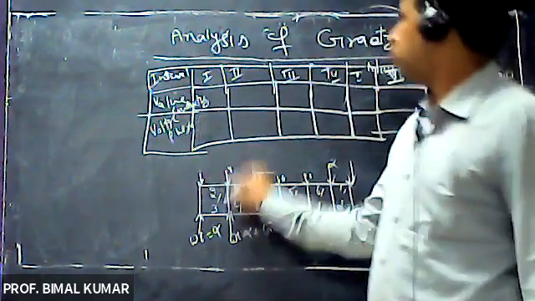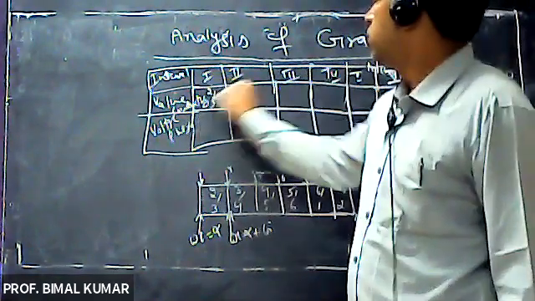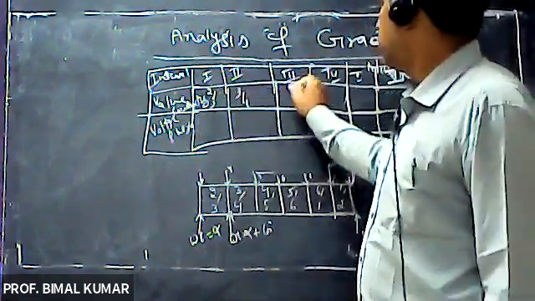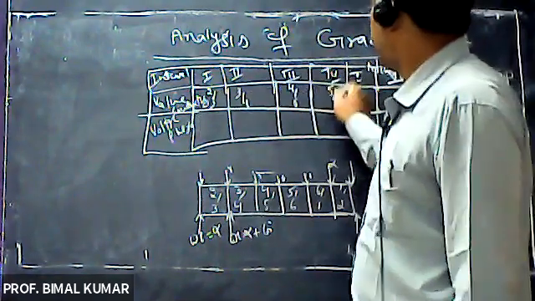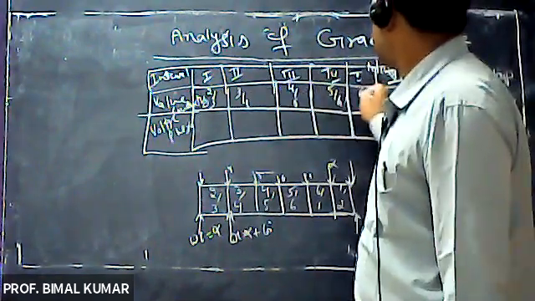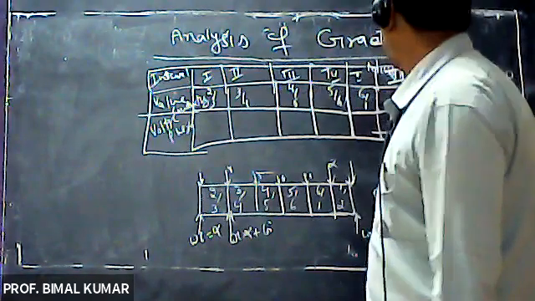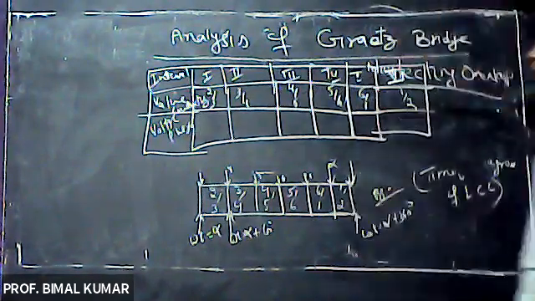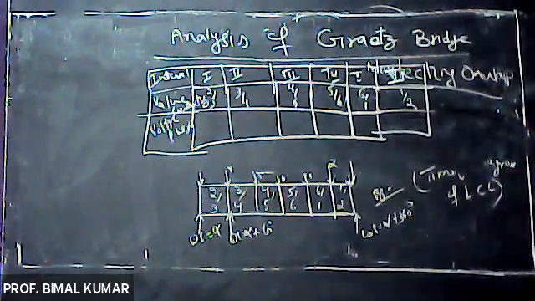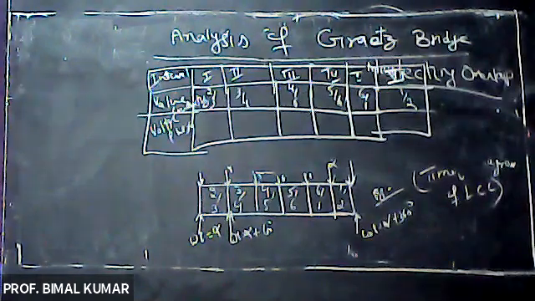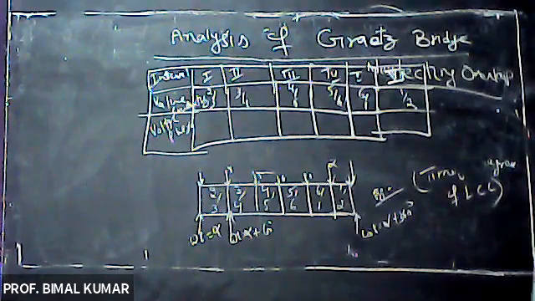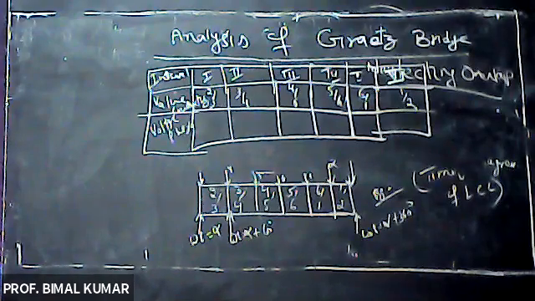During the first interval, 2 and 3 will conduct, then 3, 4, 4, 5, 5, 6, 6, 1, and 1, 2. So in each interval, there are 2 valves, or 2 thyristors, conducting simultaneously.